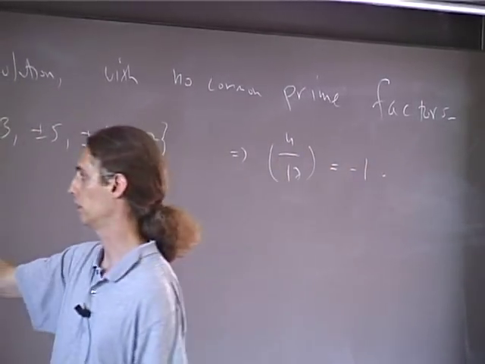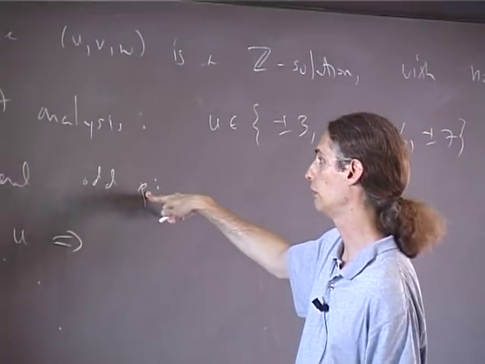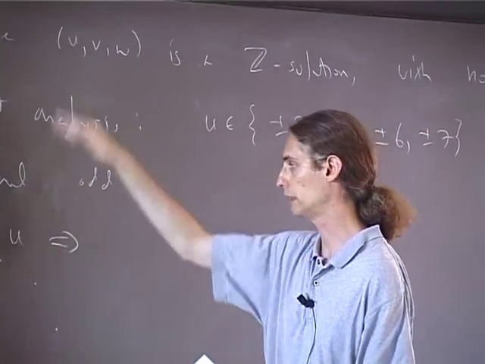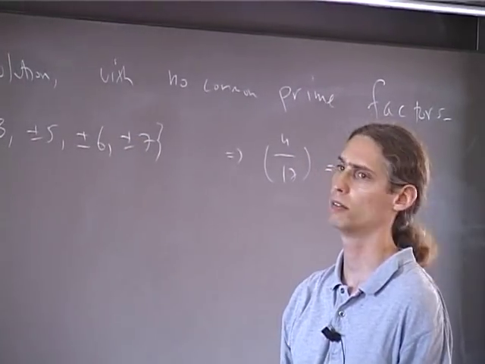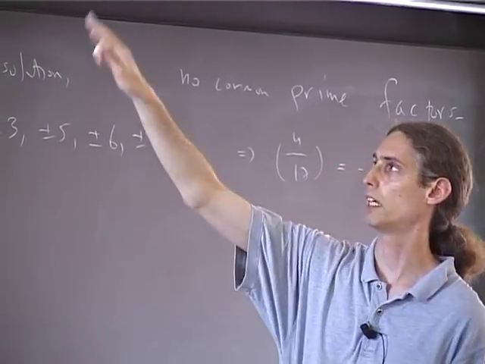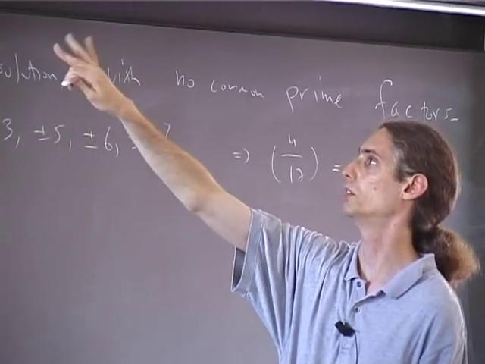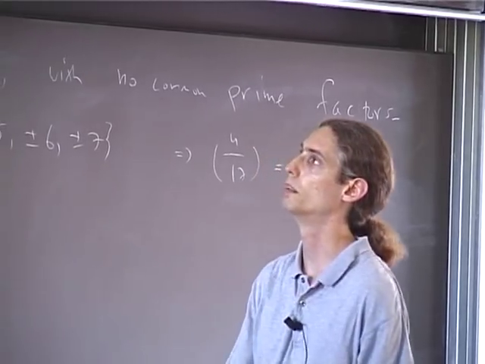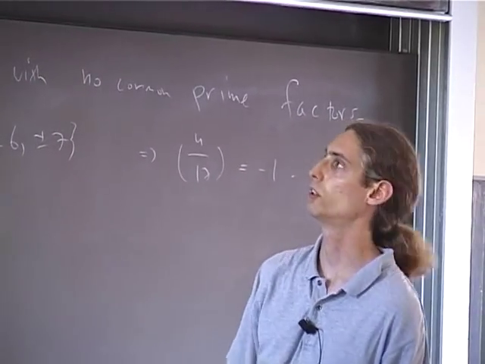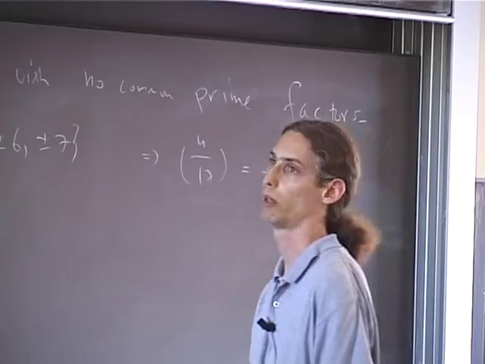So, in fact, this p would have to be different from 17. So we have an odd prime, not 17, dividing u. Then, based on that equation, now the left-hand side vanishes mod p. So this u and v and w show that 17 is a square mod p.